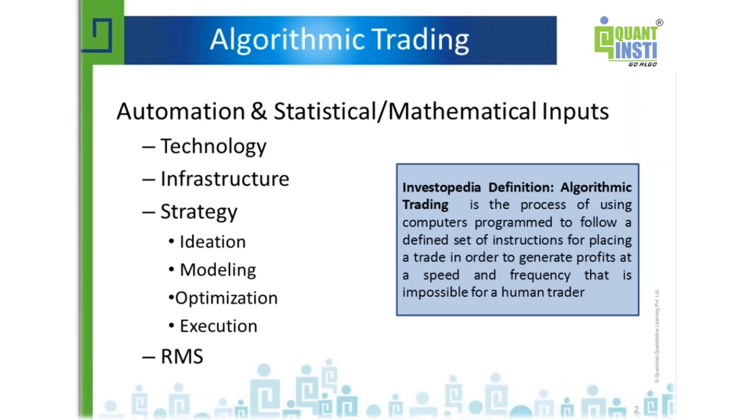These are subsets of algorithmic trading. Some strategies are of quantitative origin, in which case you will be using statistics primarily for your trading systems, and some of them would be plain vanilla technology arbitrage like latency arbitrage, where you are doing an arbitrage between multiple trading destinations.